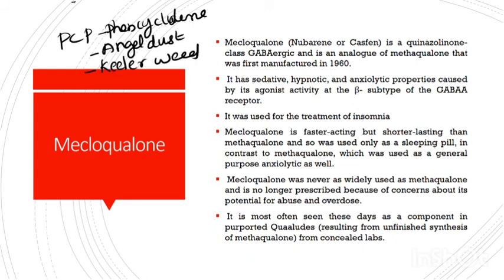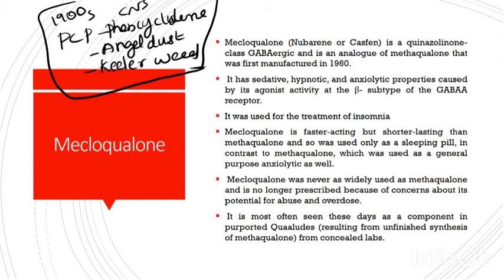This is another type of drug I'm just mentioning here. It was synthesized in the 1900s and tested during World War One as a surgical anesthetic. It also acts on the central nervous system.